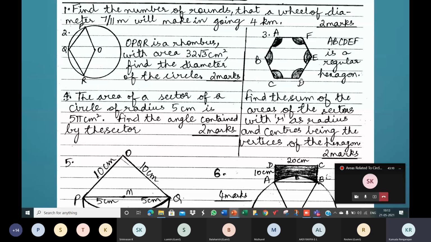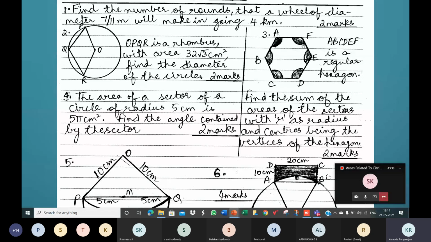D, ma'am. What about the radius? R. So the centers are the vertices and the radius of every sector is R units. Given this, we don't have to find the areas of the sectors individually. You don't have to find the area of the sector with center A, the area of the sector with center B separately.